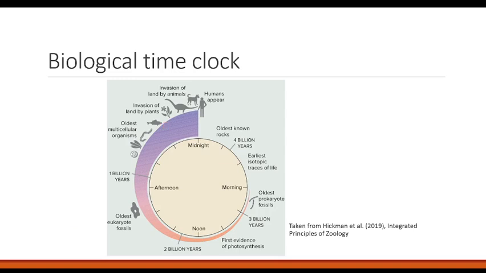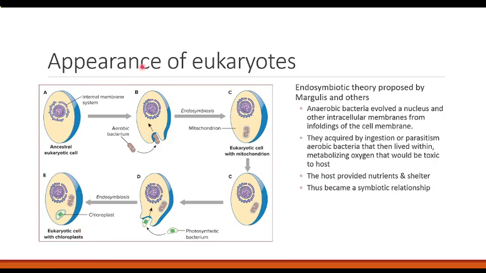Okay, so let's discuss the appearance of eukaryotes. This is important. The problem was, how did the eukaryotic organisms arise? There is a theory proposed by Margulis, the endosymbiotic theory. Initially, the microorganisms were prokaryotes.